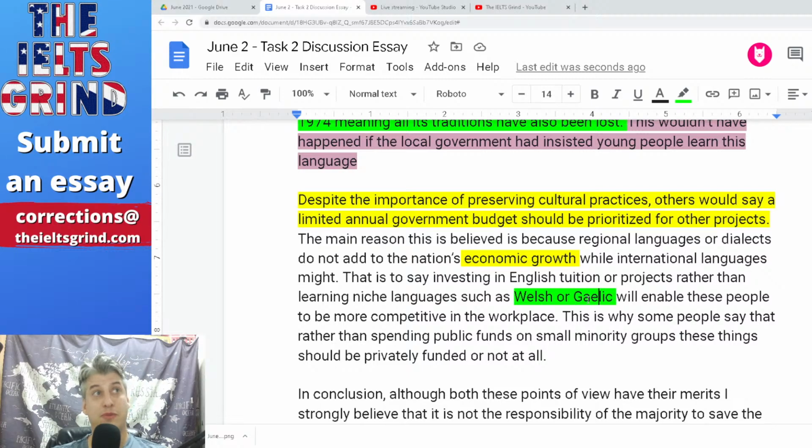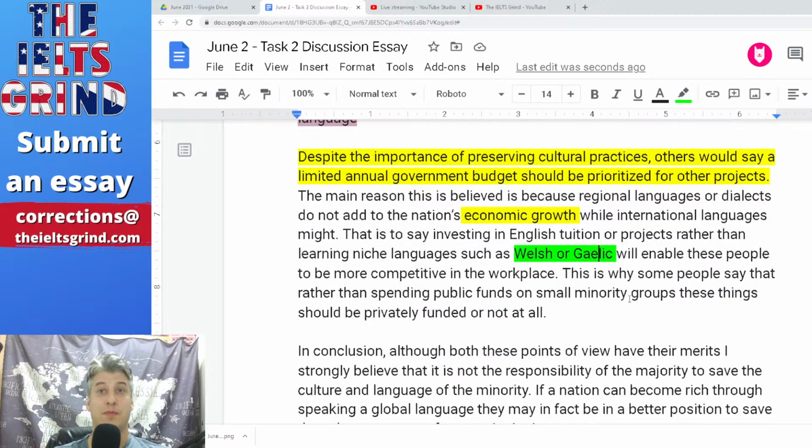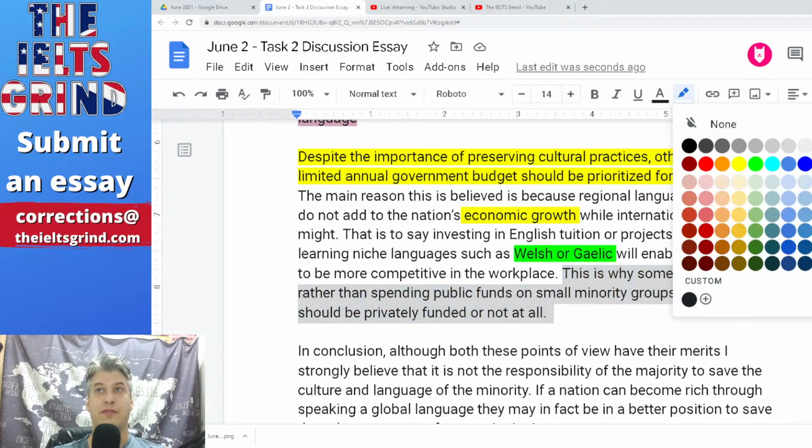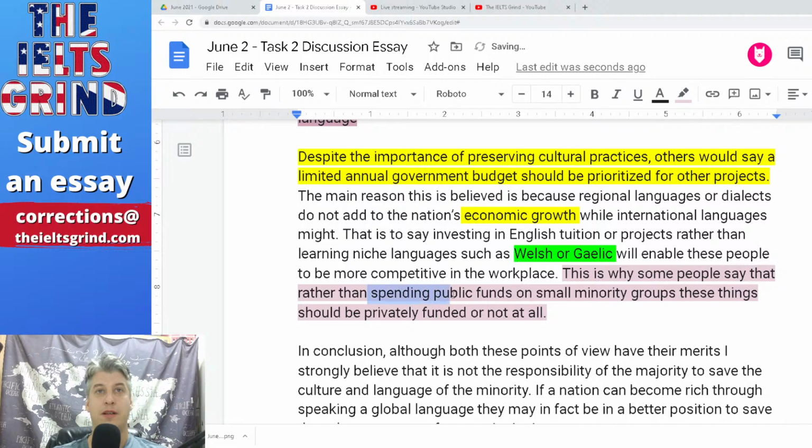Now, lots of people in Ireland speak English as their first language, but Irish was the official language for many centuries before the English invaded. So Welsh and Gaelic are distinct and clear examples of minority languages. And again, at the end, I bring it back to the fact that it's all about the government spending money. I've reminded the reader of that.